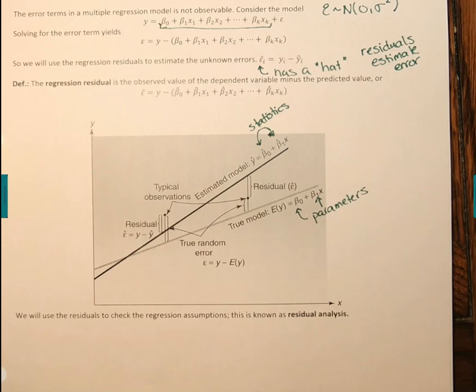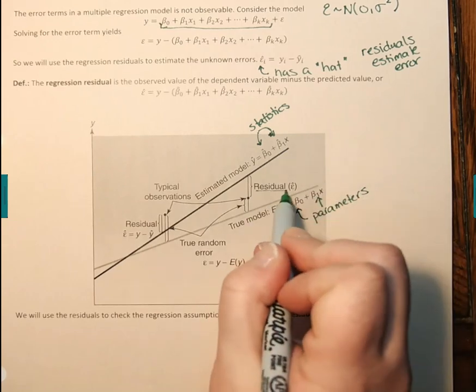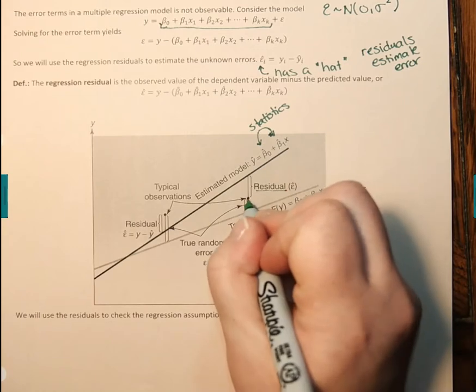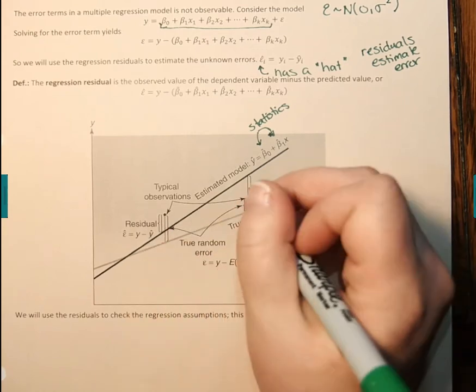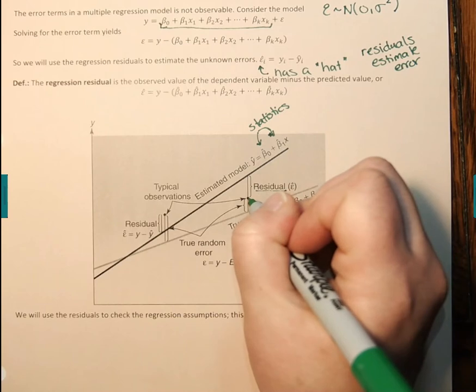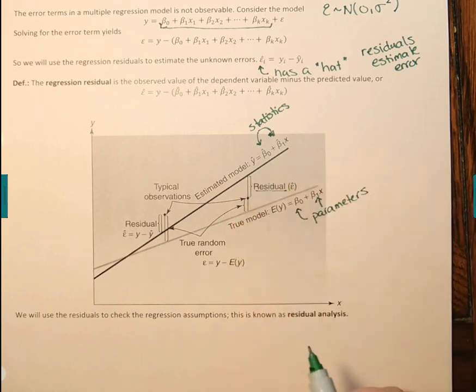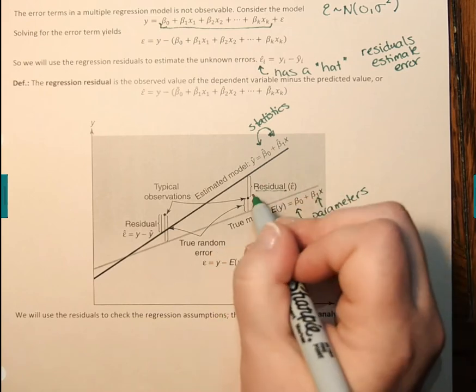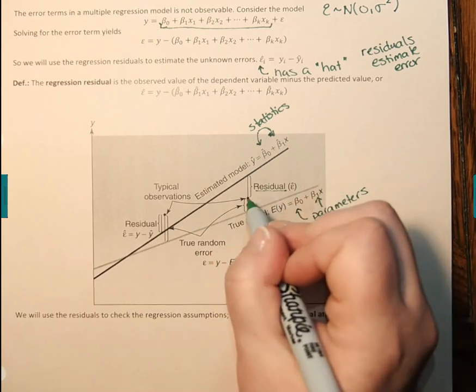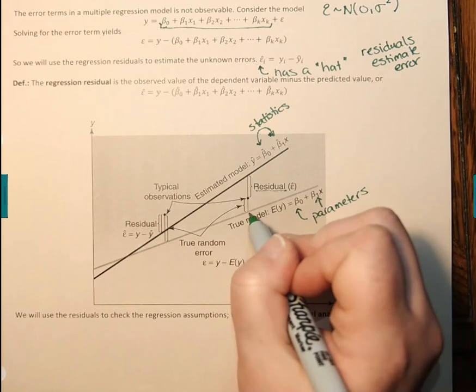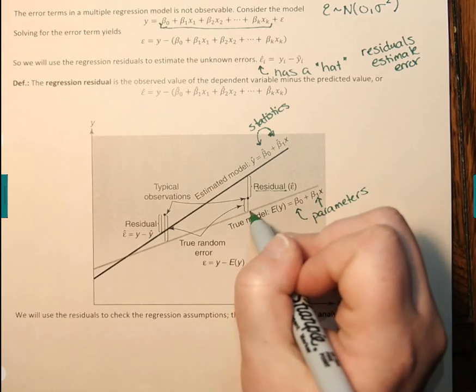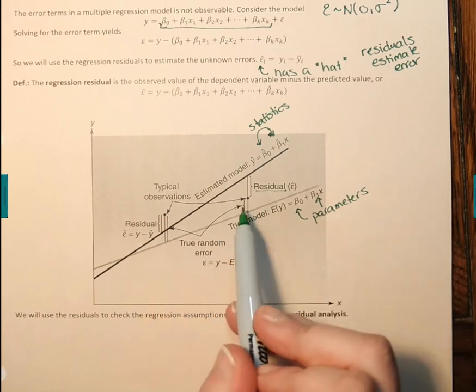Now looking at some of the different pieces, if we have some observations, the residual is the difference between the observed value and the estimated model, whereas the true error is the difference between the observation and the actual model that we cannot observe. They've got two examples here.